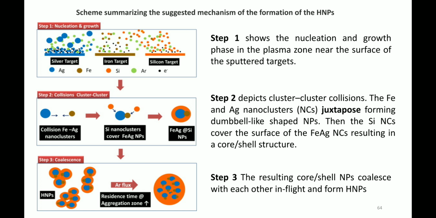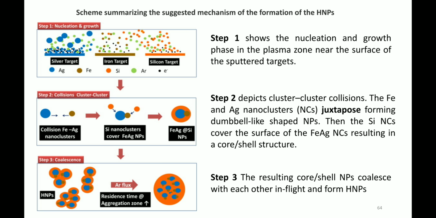Because these nanoparticles travel a long distance from the source to the substrate, there is a residence time, and in the meanwhile some of the nanoparticles coalesce with each other, and they get multiple cores.